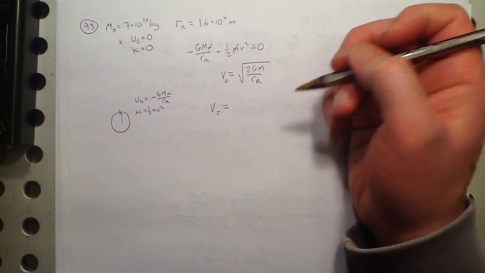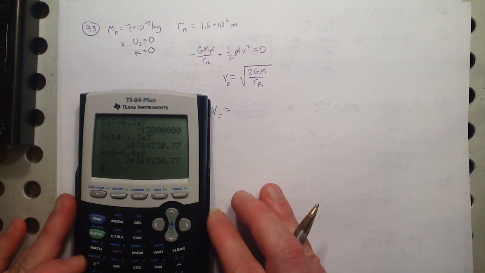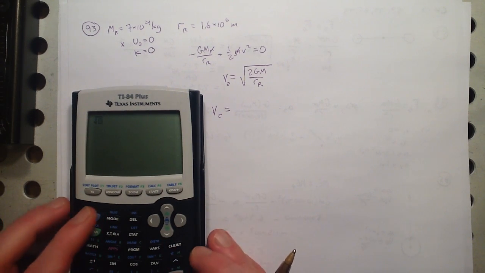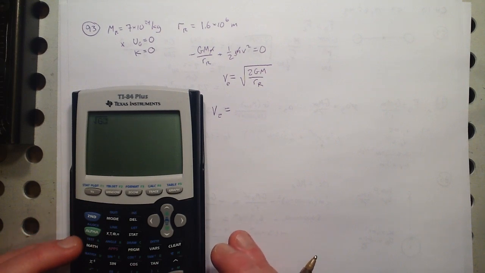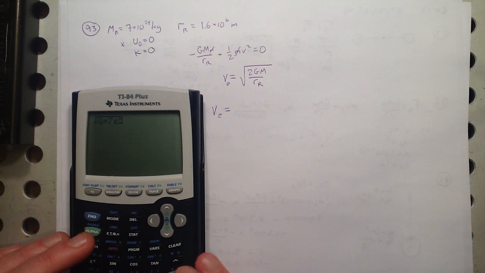So go ahead and do that now, just for the satisfaction of getting the right answer. So we got the square root of G times the mass of Rotan divided by the radius of Rotan.